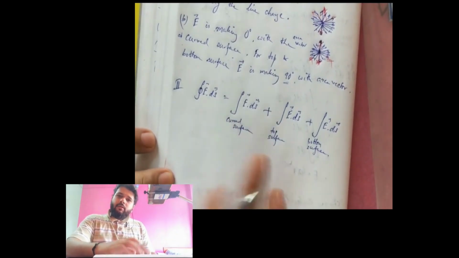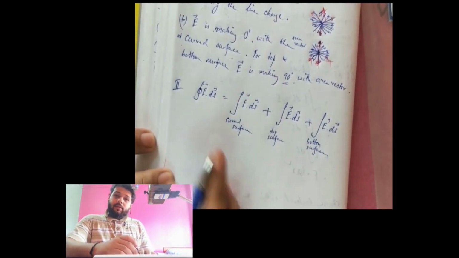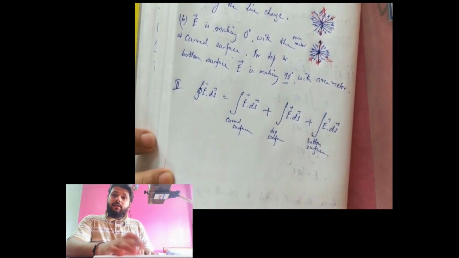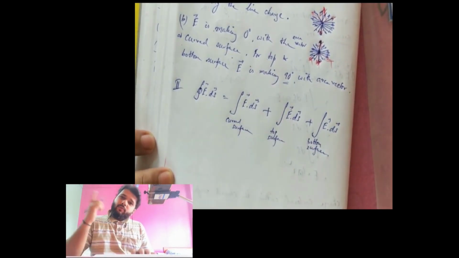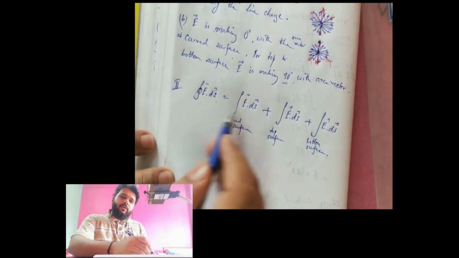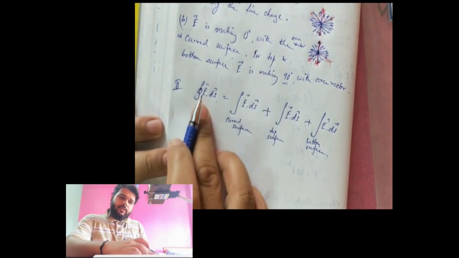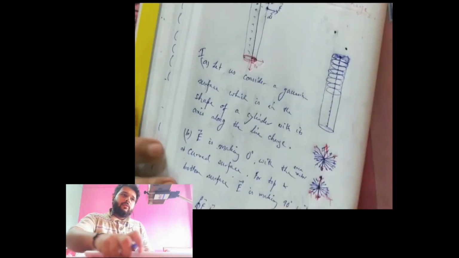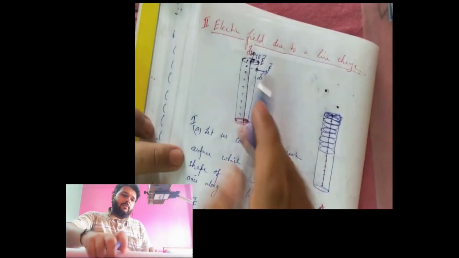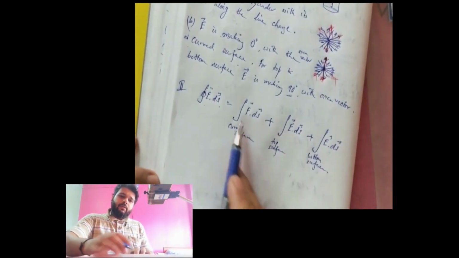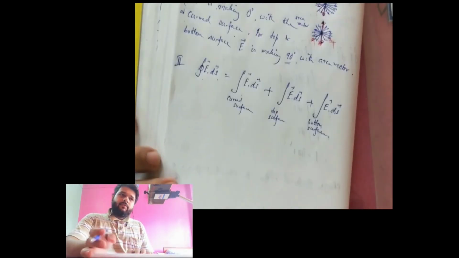In the previous one, for the point charge, there was only one surface, so it was E dot dS only. But here the Gaussian surface is cylindrical, so we have got three surfaces.